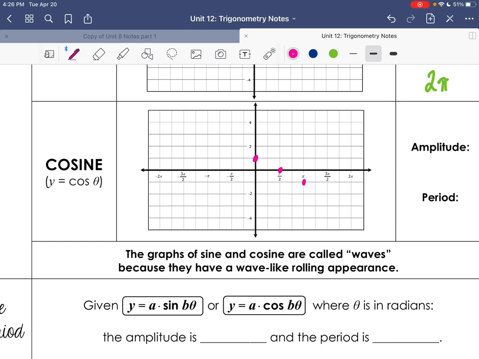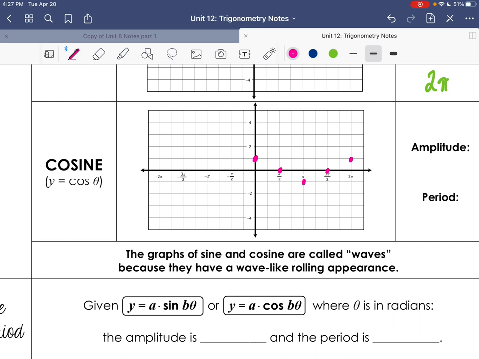And then as you move to 270, it's down at -1 on the y-axis, but it's 0 on the x-axis. And then for 2 pi, which is back at the starting point, you're back at +1.